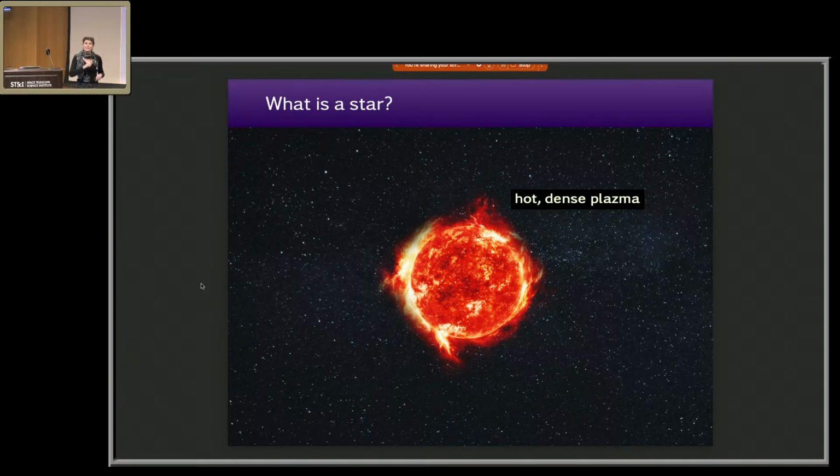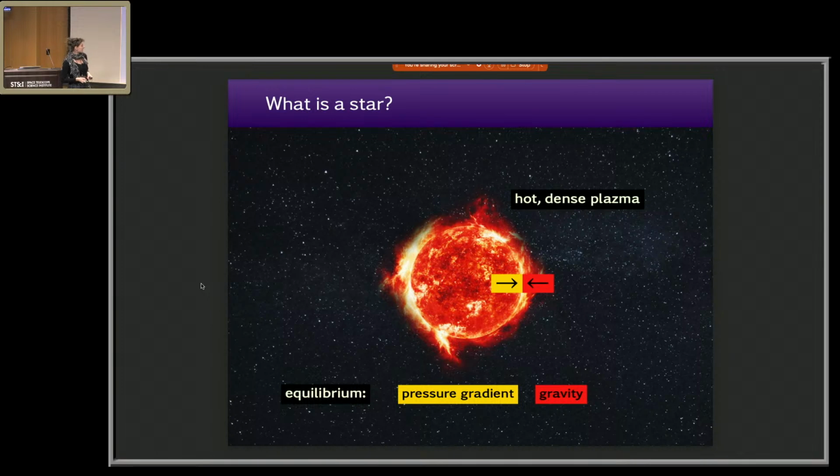What contributes to its stability? Because it's stable, right? We see the sun, it's stable for millions and billions of years. It's a stable gas cloud in space. Why is it stable? It's stable because we have two forces acting against each other. We have the pressure gradient, the internal pressure of the object.